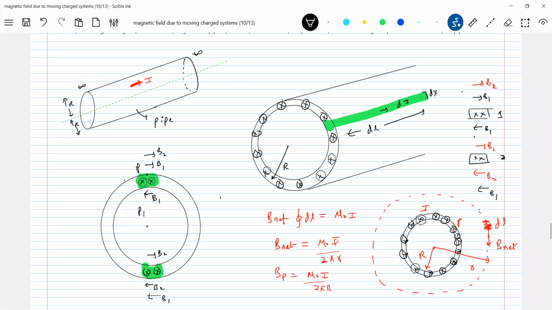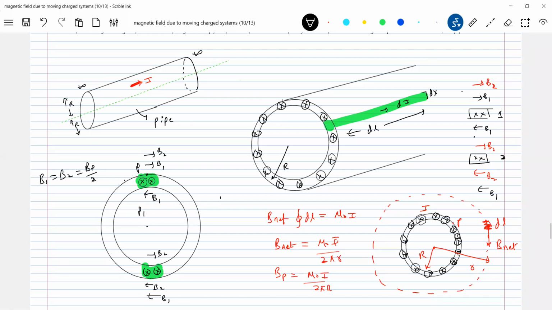So therefore, B1 equal to B2. But sir, this is a ring, so it is also like a large current carrying sheet because there is no beginning, no end. So on the surface, now what is the value of B1? B2 should be equal to BP by 2.